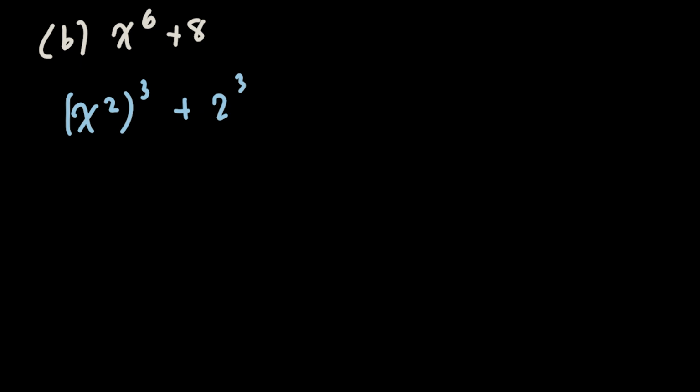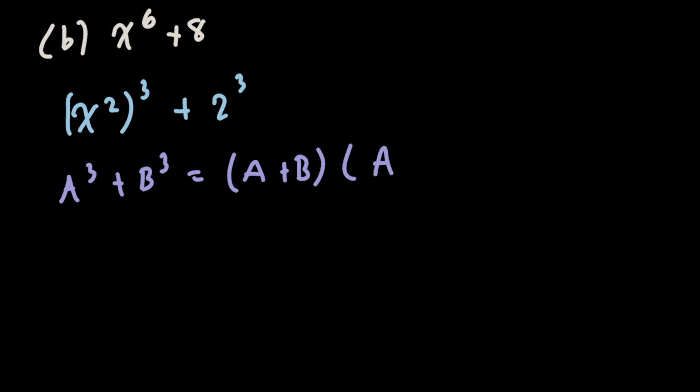Just remember this formula. Remember that a to the power 3 plus b to the power 3 equals a plus b multiplied by a to the power 2 minus ab plus b to the power 2. Now this term here is a and this term here is b.